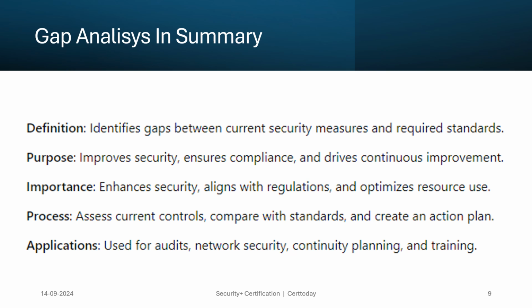And some practical uses and applications are audits, network security, continuity planning and training, and basically any aspect, any application of a company could go through a gap analysis process to make sure that the security posture of the company is the desired state of management.